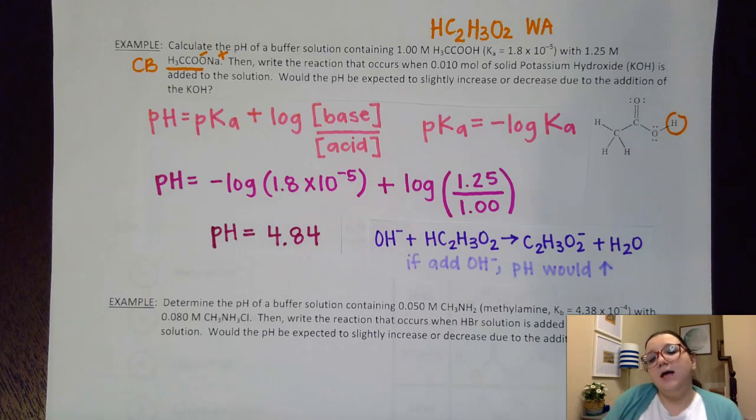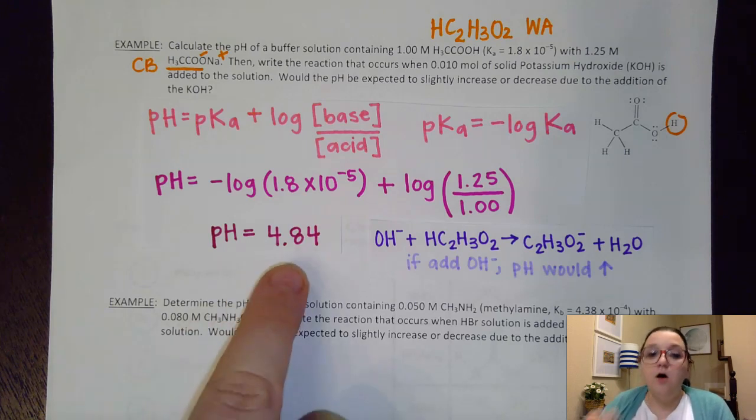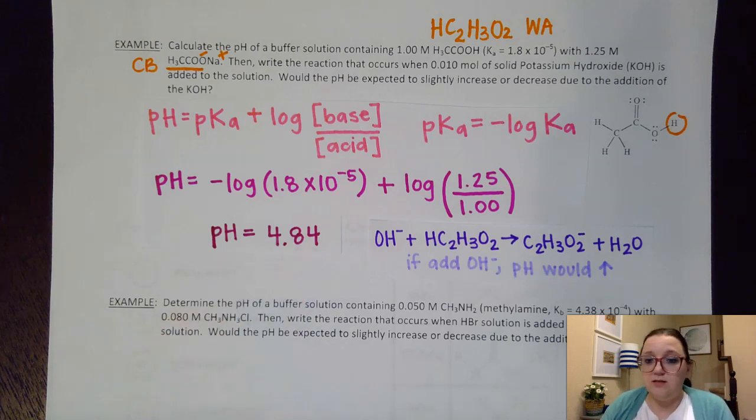Now, it asks about pH slightly increasing or decreasing. Obviously, this is a buffer system, so it shouldn't change all that much. It still should be pretty darn close to that 4.84 when this is all said and done. However, it is going to slightly change, and since I'm adding a base, I would expect the system to get more basic, and so therefore I would expect the pH to increase.